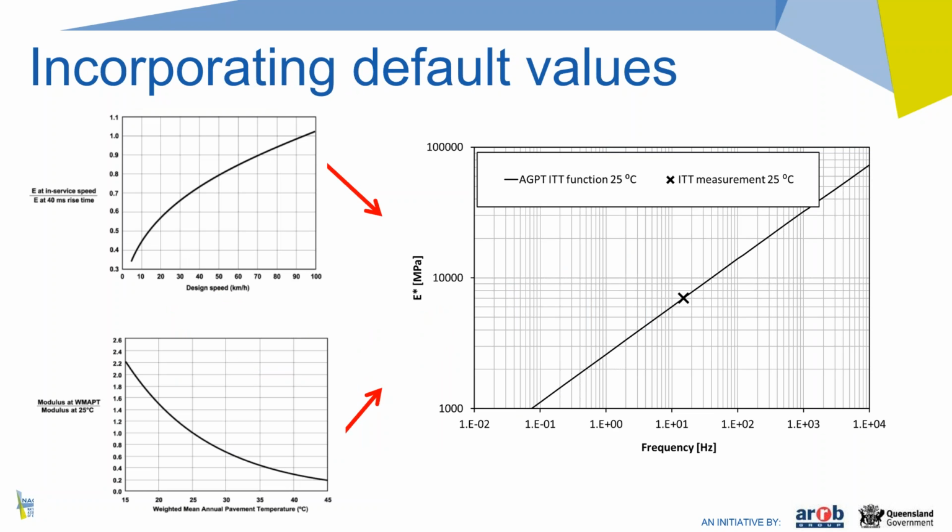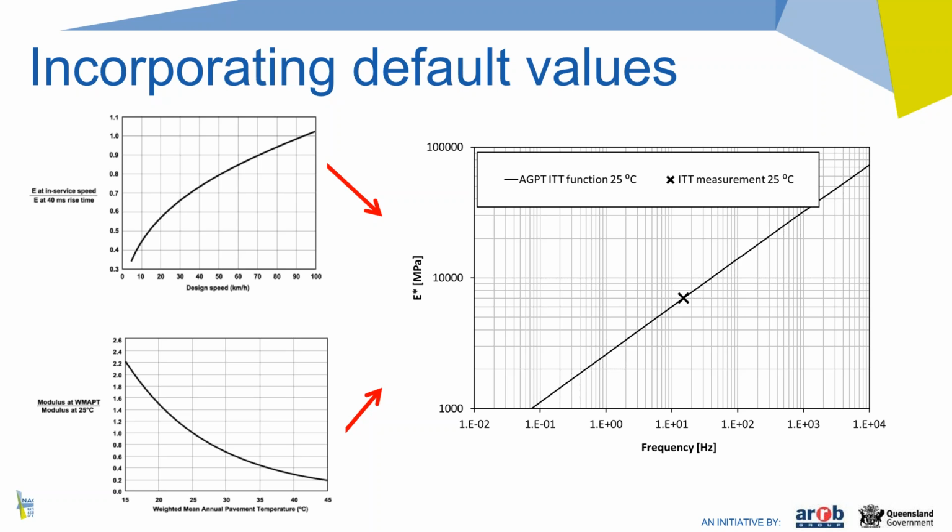If you do not have mix-specific data, you can still use master curves, and we actually propose that you do, because then we can have a consistent way of looking at modulus. So we've also introduced in the tech note, we converted the default values and the default correction factors for temperature and load frequencies from Austroads into a modulus master curve.